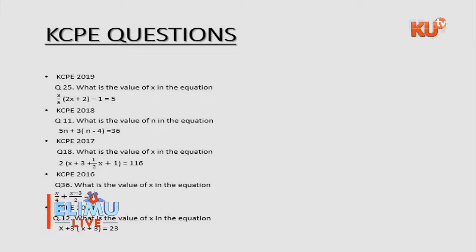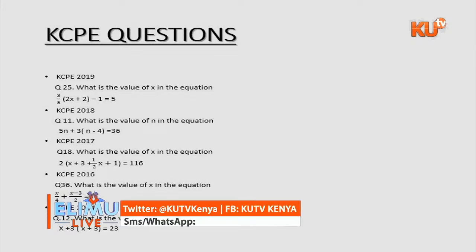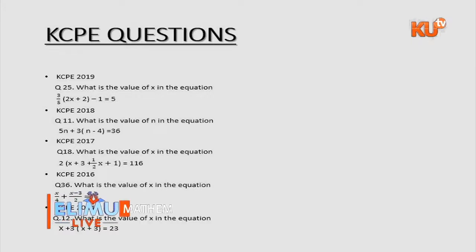And the equation was three-fifths bracket 2x plus 2, minus 1, is equal to 5.